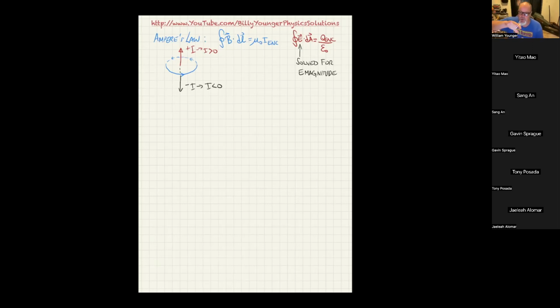And then what we tried to do is come up with a Gaussian surface on which either the electric field was exactly perpendicular to the surface, which we defined to be parallel to a dA vector, or it was exactly perpendicular to the dA vector, and therefore the dot product would give us 0. By doing that, that allowed us to extract the integrand. We're going to try to do the same thing here. We want to solve for this.